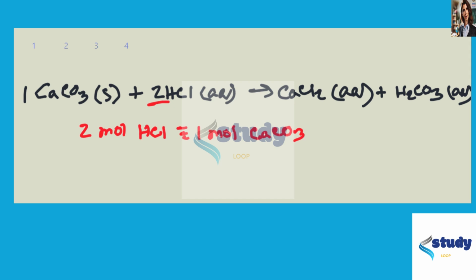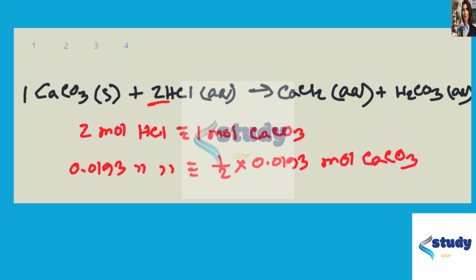That means 0.0193 mole HCl will be identical to 1 over 2 times 0.0193 mole of calcium carbonate, which will give us a value of 0.0096 mole calcium carbonate. So this is the number of mole of calcium carbonate in limestone which react with HCl.